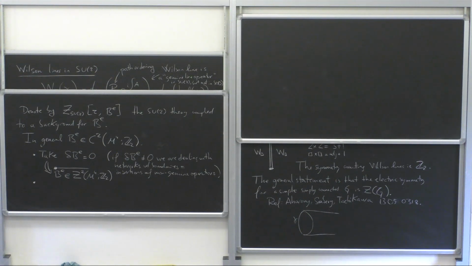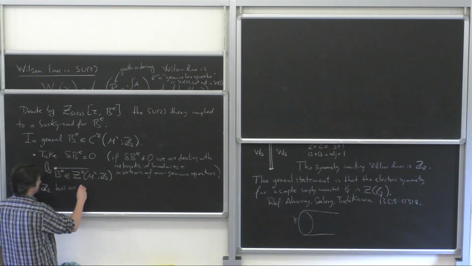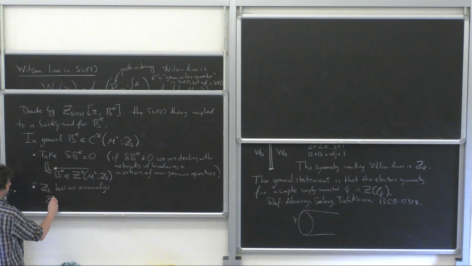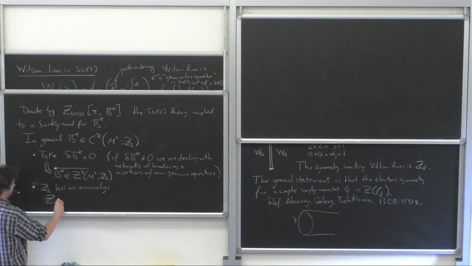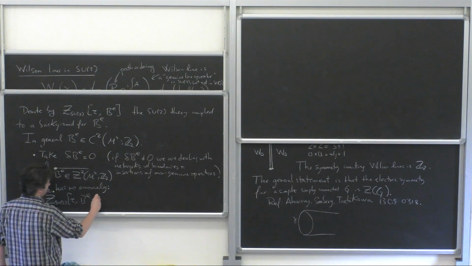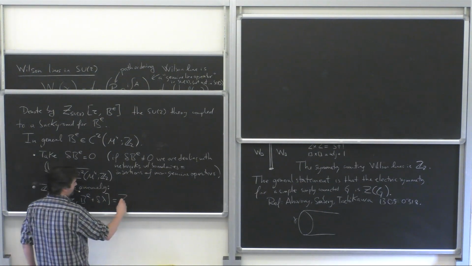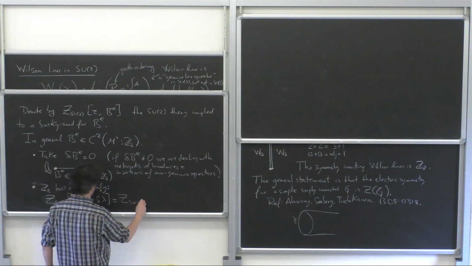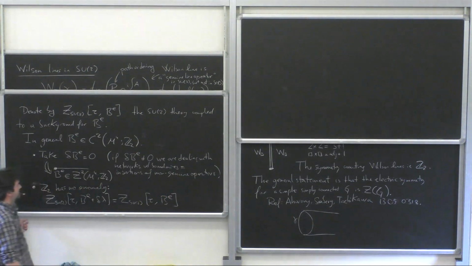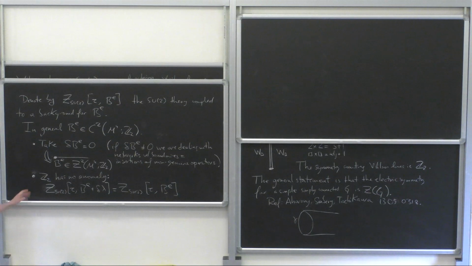Okay, that's easier to handle, definitely. Another nice observation, which is not obvious at this point, but I'm just going to assert it. This Z2 has no anomaly, meaning that the partition function of SU2 with coupling tau and background B plus some variation is the partition function of SU2. Again, I'm just stating this.